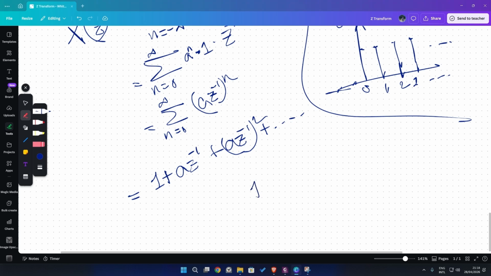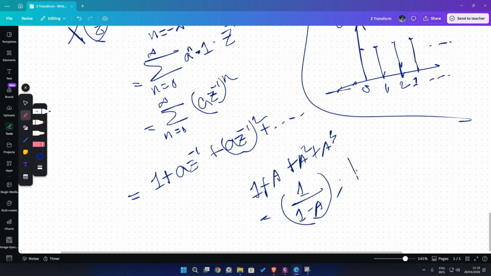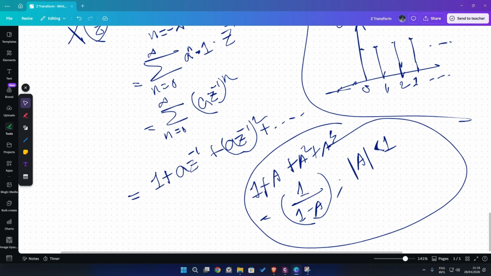The general formula is 1 plus a plus a squared plus a cubed, which we simply write as 1 by 1 minus a. And the important condition is that modulus of a is less than 1. So we have to remember this shortcut formula.